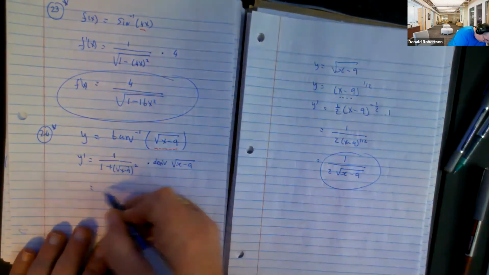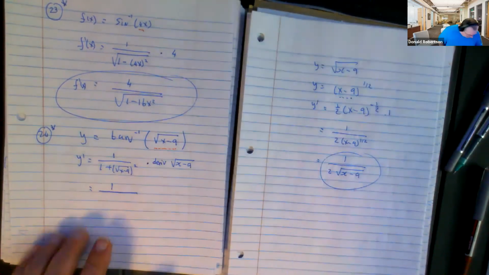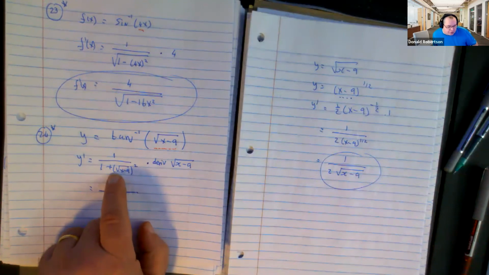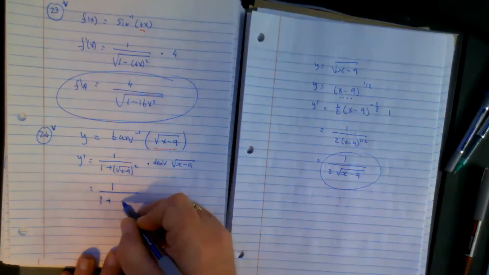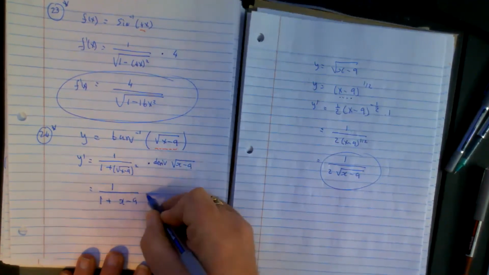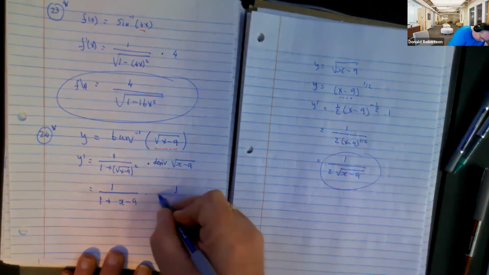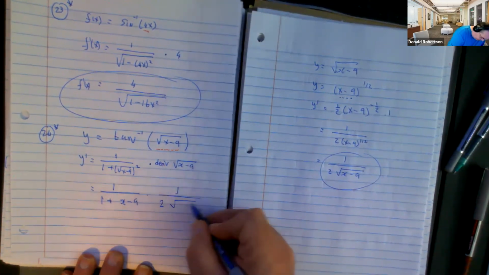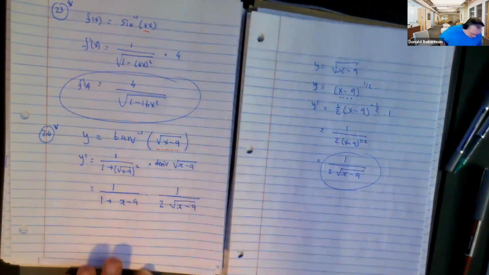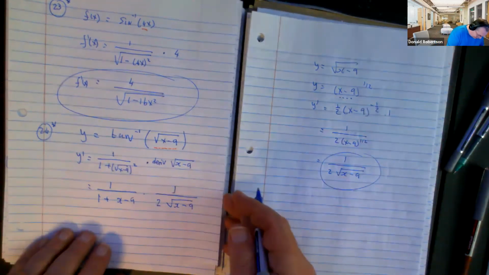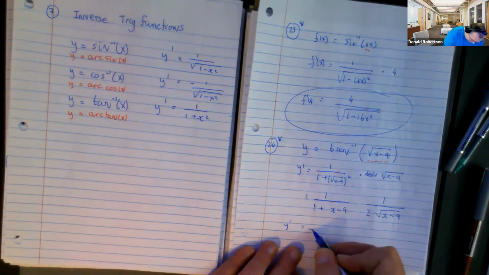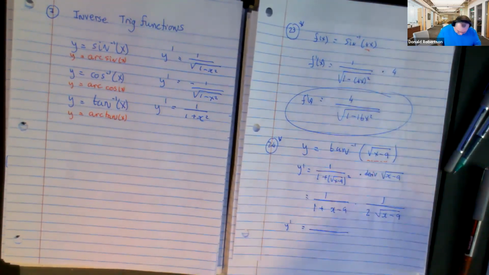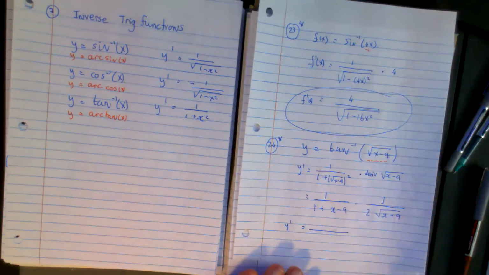So it's 1 over, okay, what will happen to the square root of x minus 9 if you square it? It'll just become x minus 9. And this weird derivative that we just found? Okay. Is there anything left to do? Well, let's phrase it a different way. What is there left to do to make this prettier? Add like terms in the bottom of that one.